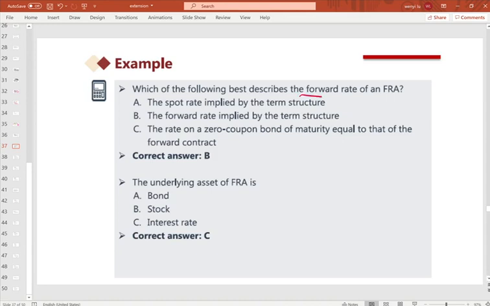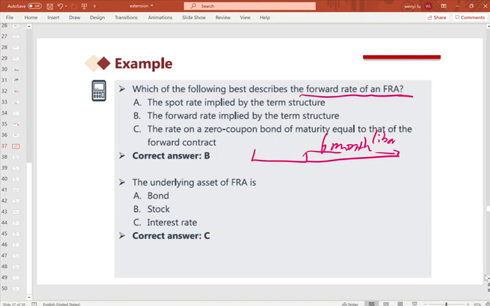Our forward rate of an FRA is a rate you sign in the future. For example, if you sign a forward for an FRA for 6 months, then you will be charged interest at the 6-month level.